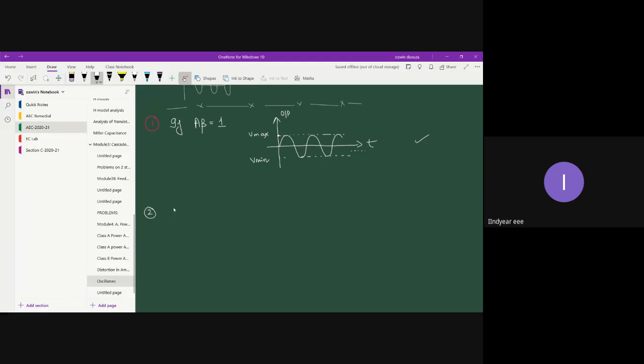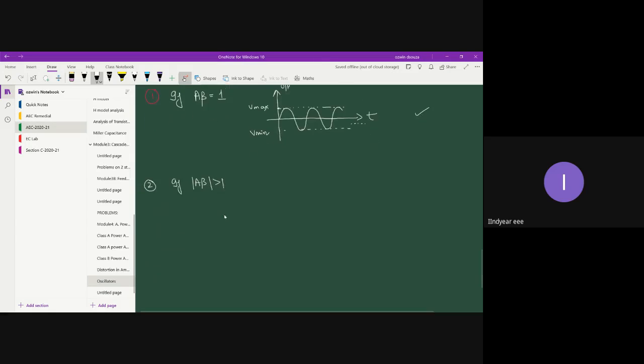On the other hand, what if A beta is not equal to 1? Let's say mod A beta is greater than 1. If mod A beta is greater than 1, then the wave nature slightly varies. The wave nature becomes something of this kind.